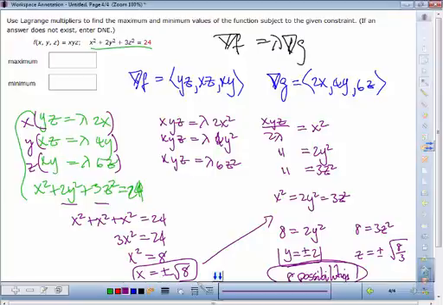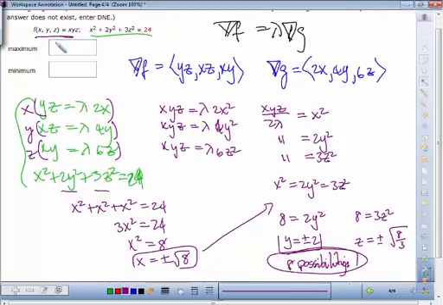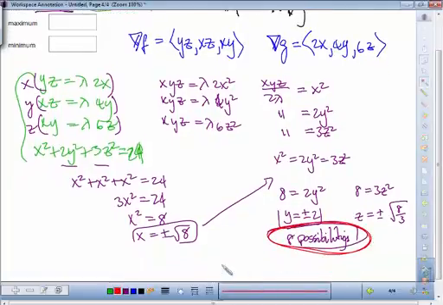All right, so we have 8 possibilities. That's a lot to check, but the only difference is the pluses and minuses. So I think if we just consider this thing and then put a combination of pluses and minuses, that would be good. So remember that the function we're trying to maximize is f, and f is equal to x times y times z.